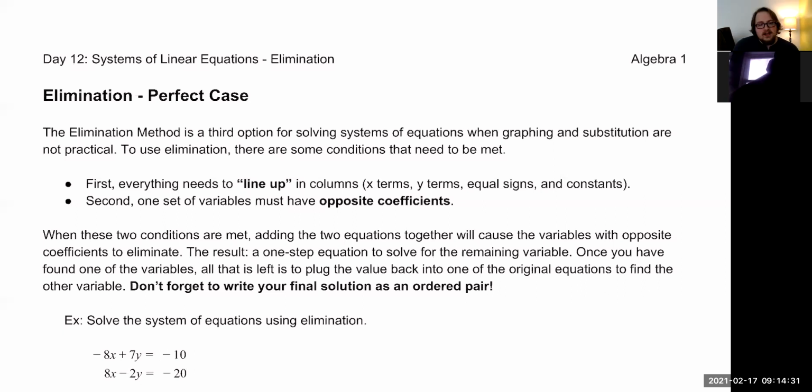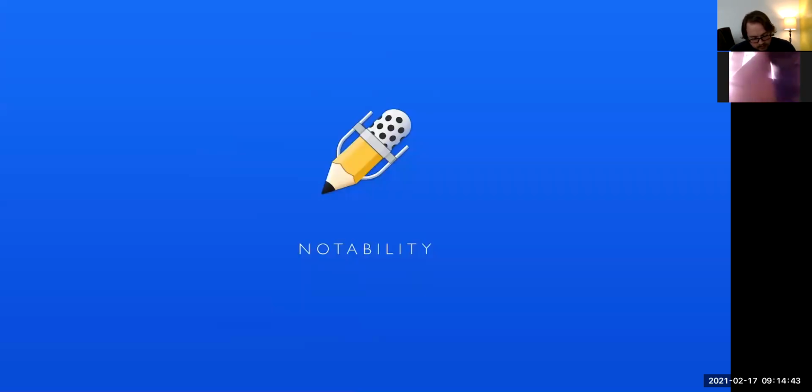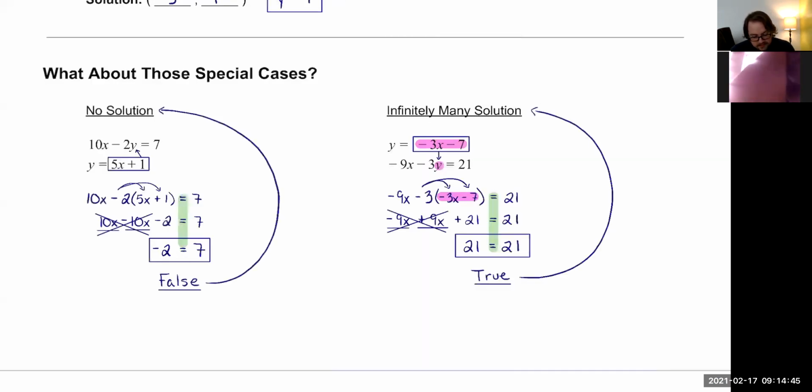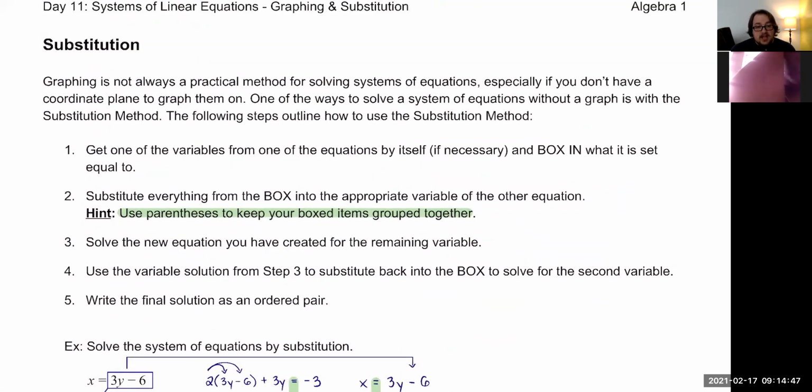So because graphing isn't always guaranteed to fit in the graph that you have provided, we also included a second method called substitution. Now, substitution, if you guys want, I can pull that up real quick here. For substitution, I actually gave you a list of steps. This was in last Thursday's notes, and it was really favorable if one of your variables was already by itself.